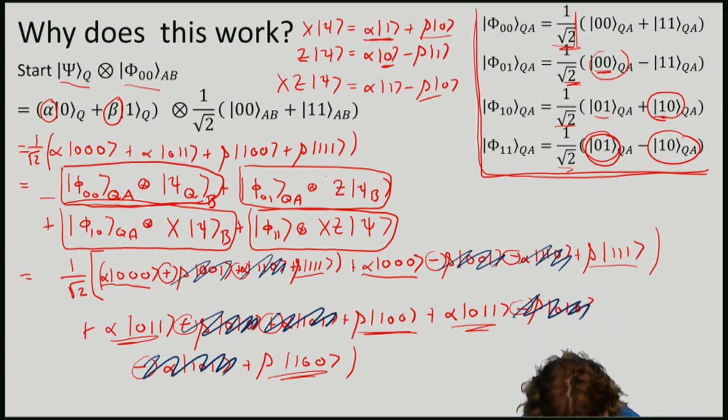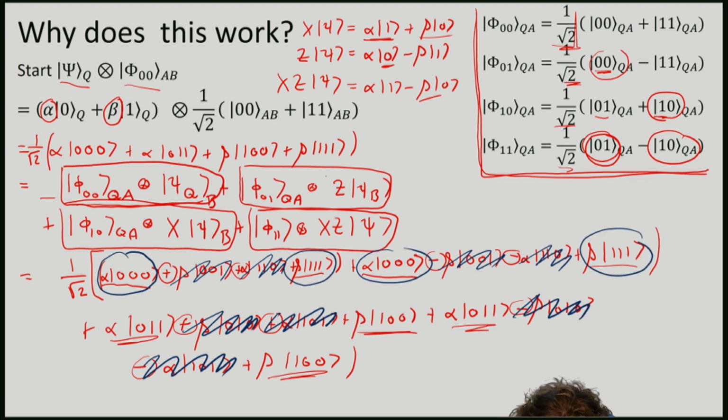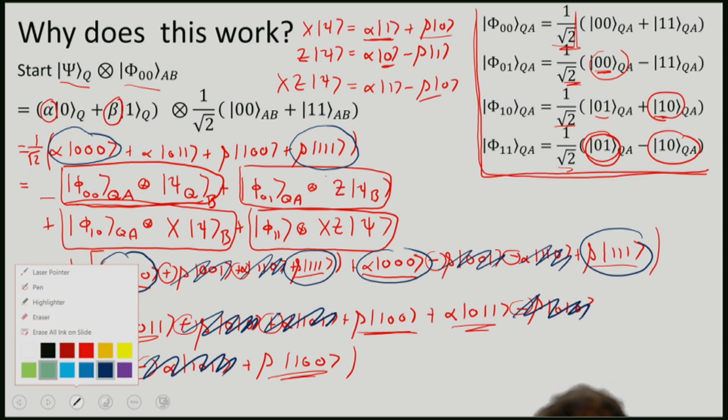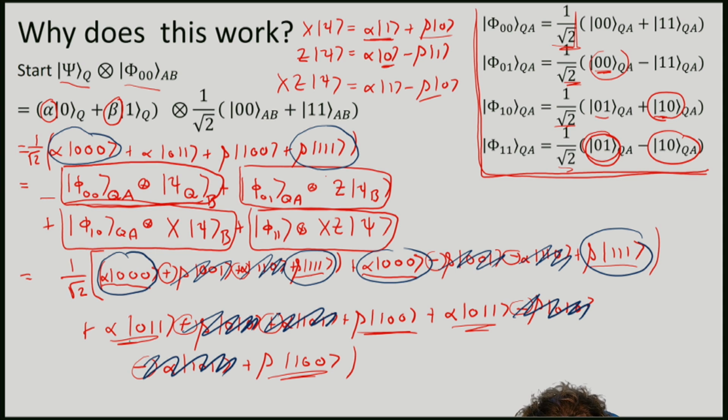If you look at them now, we can observe that this here, namely alpha 0 0 0 with beta 1 1 1, is precisely what we see here, alpha 0 0 0, beta 1 1 1. So let's have a look at the second term. Now I have here alpha 0 0 1, which occurs here.